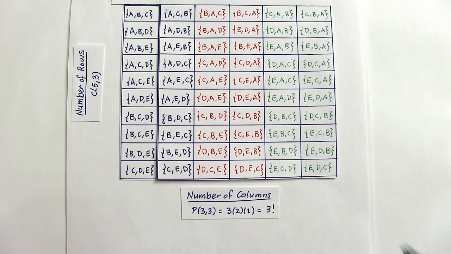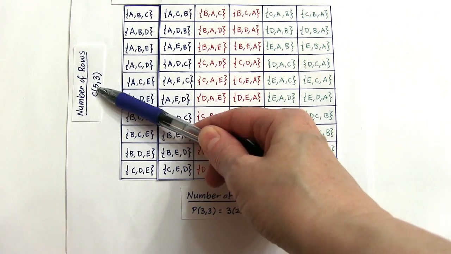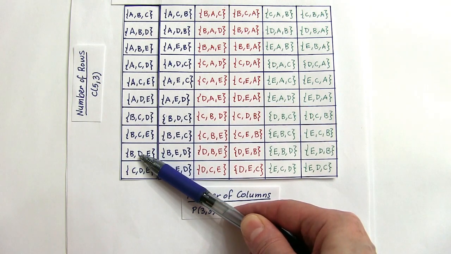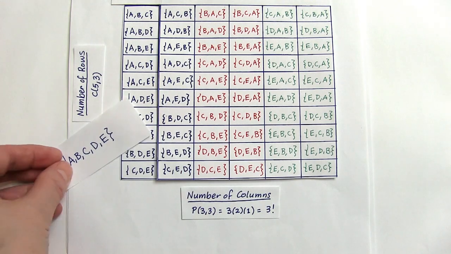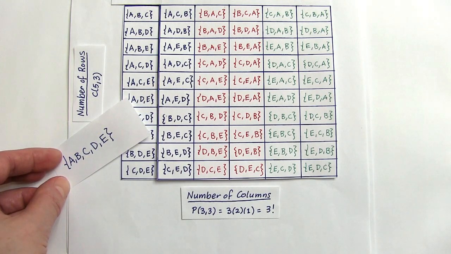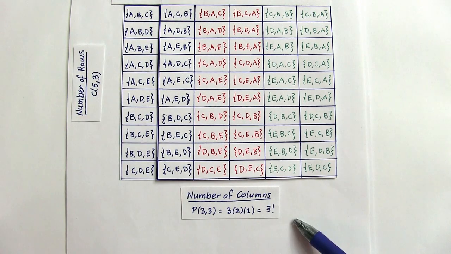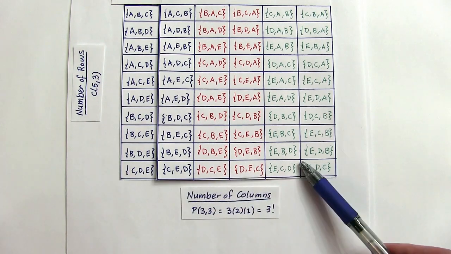So I made the number of rows in this table equal to the number of combinations of 5 distinct elements taken 3 at a time, which is the same as the number of subsets with 3 elements that can be formed from the set of 5 letters A, B, C, D, and E. And the number of columns in this table is equal to 3 factorial, which is the number of ways that we can permute 3 elements.